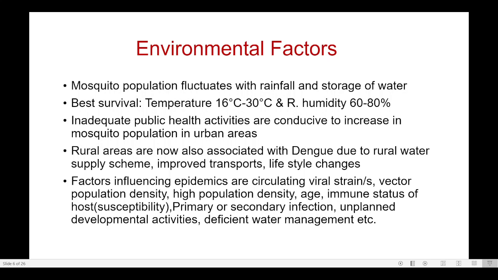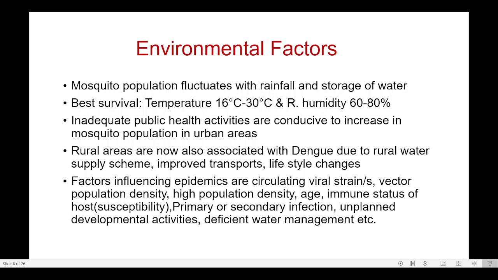Inadequate public health activities are conducive to an increase in mosquito population in urban areas. In urban areas, more and more cases of dengue are found due to unplanned developmental activity, lifestyle of the population of urban areas, along with insufficient public health activities and poor drainage system.